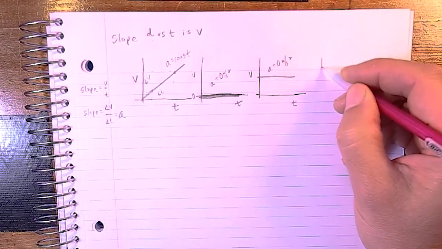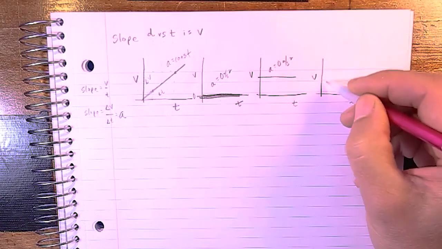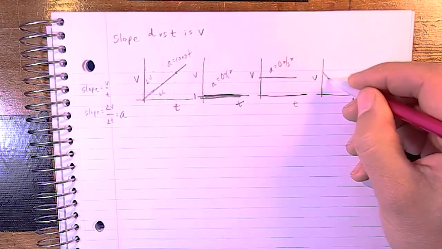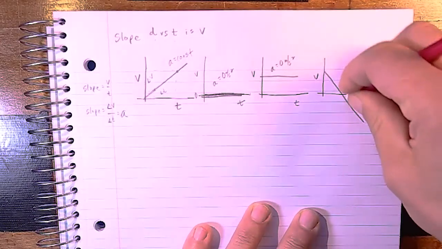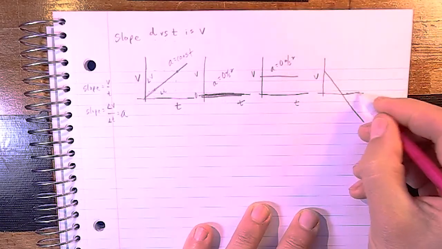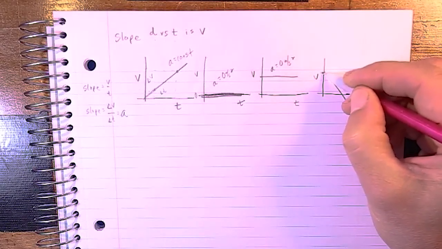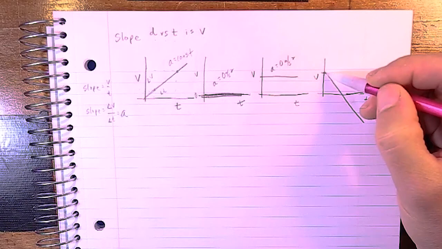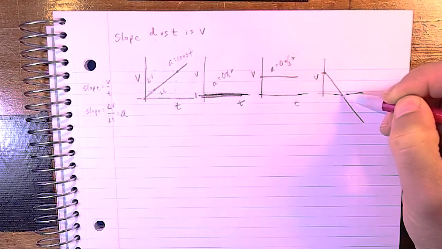Okay, what about this graph? I'll move this t over. So this graph is a little bit tricky. What it's saying is we start with a positive velocity, and that velocity decreases to 0.